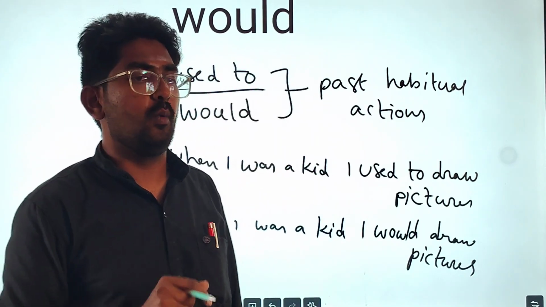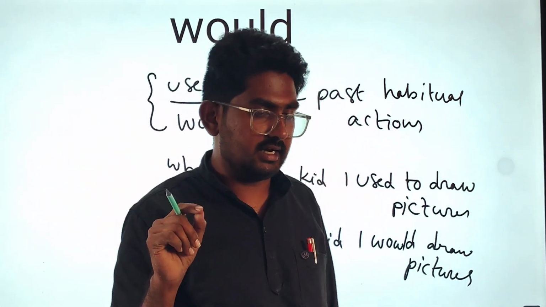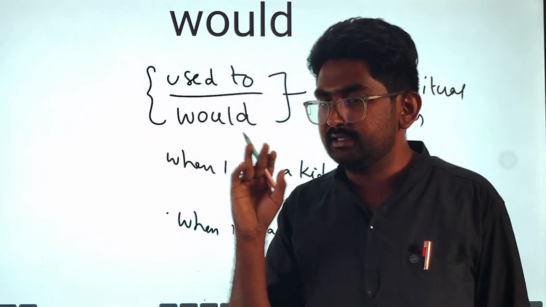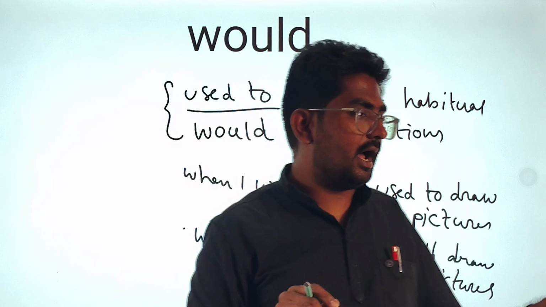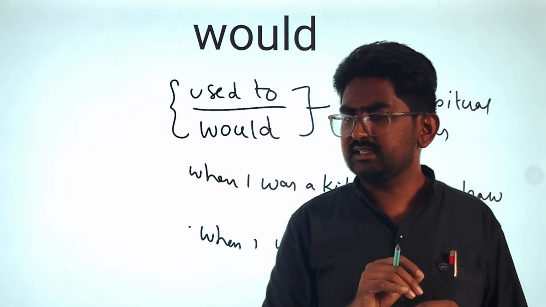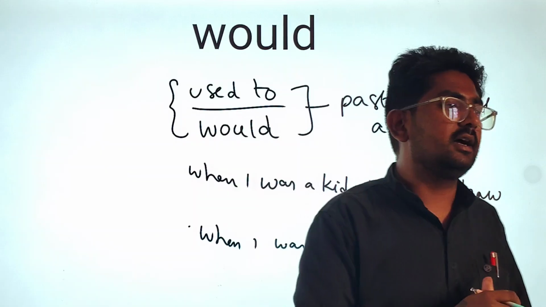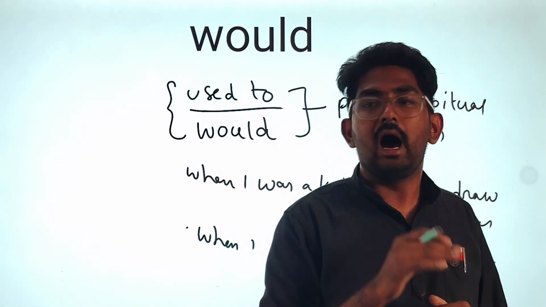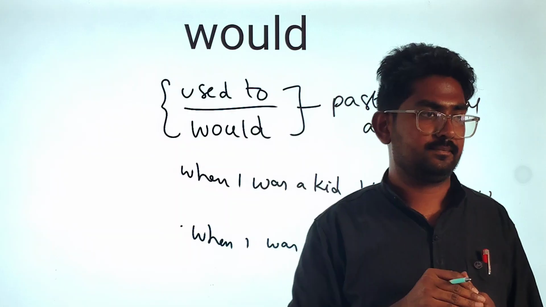When I was in the class of 9th, I used to sing a song. When I was in the 9th class, I would sing a song on the stage. When I was in the 12th class, I would dance on the stage in the college function.